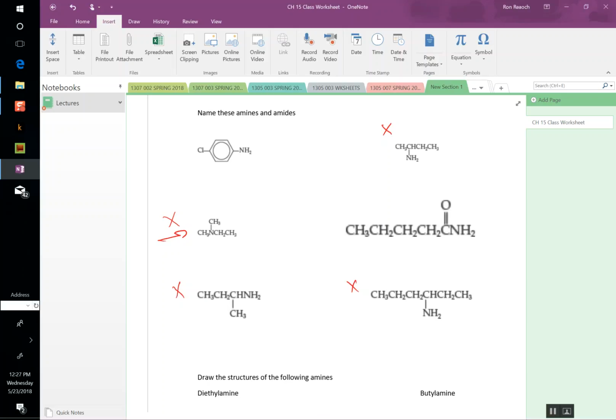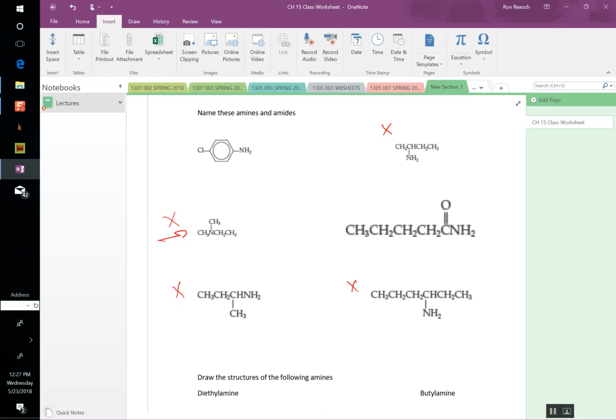This one is just written right along, and it goes to 2-aminobutane. If we made a model of this, we could twist this around and get it into that shape. So they're both 2-aminobutane. All right.